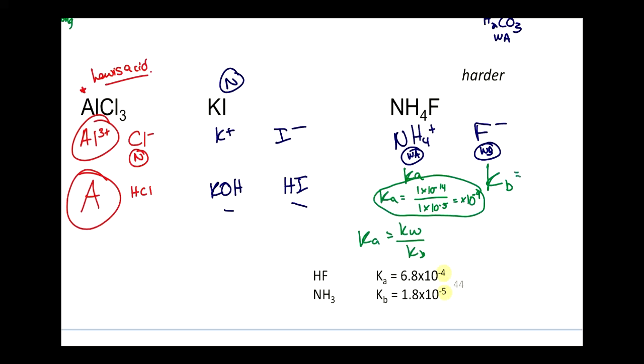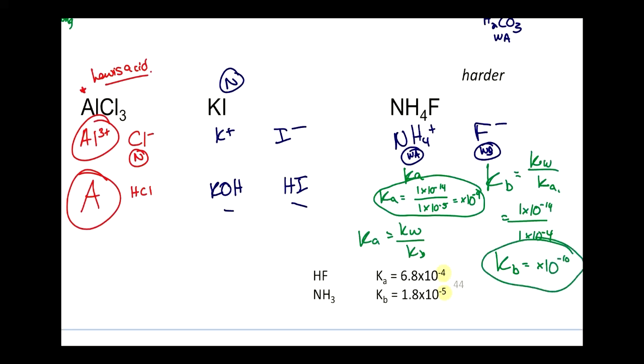So to calculate Kb of F minus, we take Kw over Ka, because I didn't give you Kb of F minus, I gave you the Ka of HF. So simply Kb here for F minus is going to be 10 to the negative 14 over 10 to the negative 4. So Kb for F minus is equal to what? 10 to the negative 10.